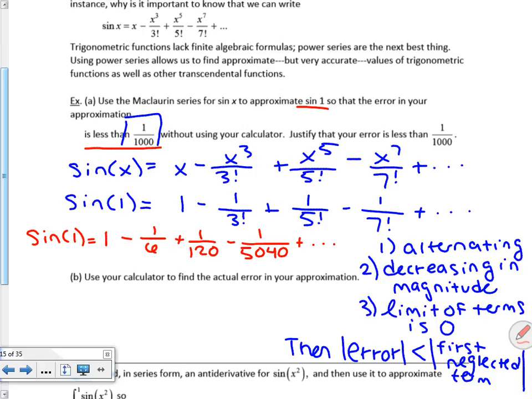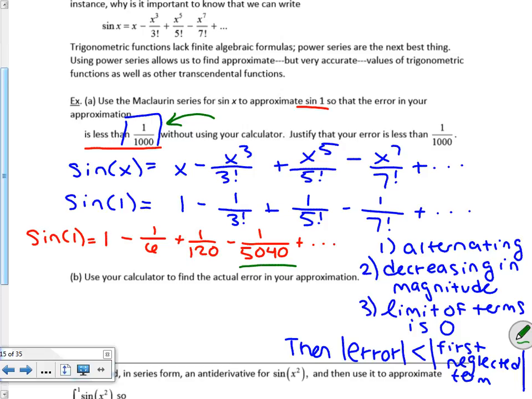This term, right here, is very small. 1 divided by 5,040 is a very small term, almost insignificant in our sum. So, I also noticed that 1 over 5,040 is less than this error term.